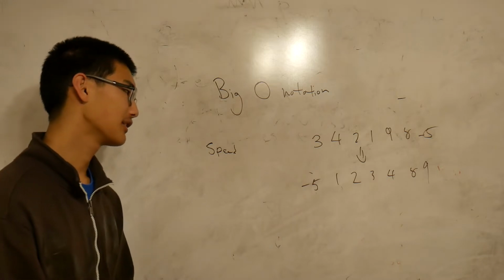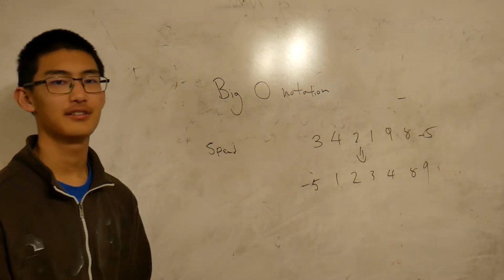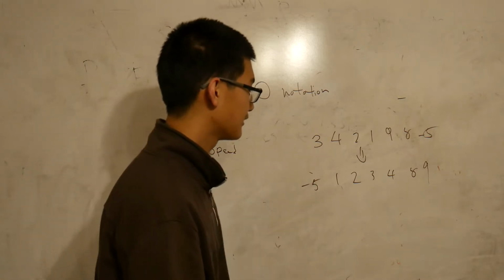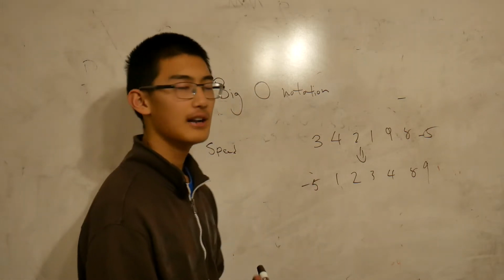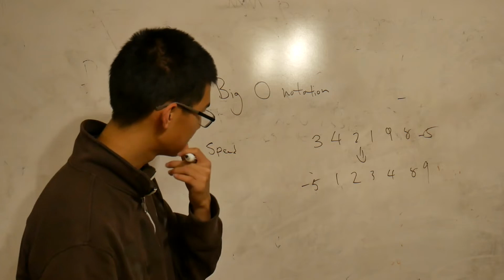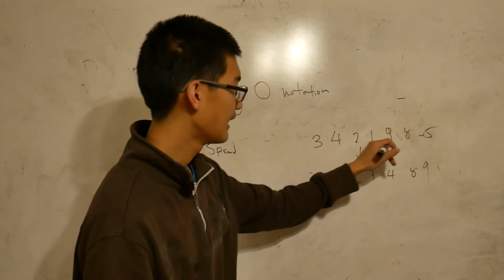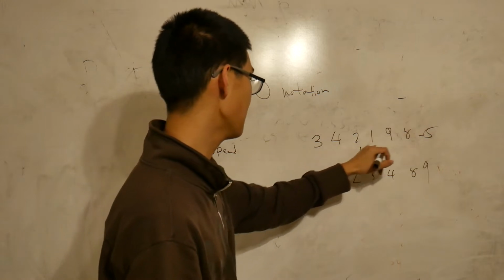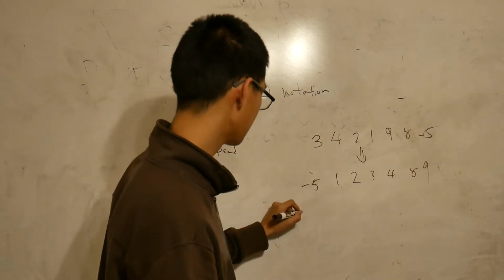So, for example, here's one that's not very fast. Okay, so this is what I would do. A not very fast way to sort this list is to look at every single one and determine the smallest in this. So I look, bam, bam, bam, bam, bam, okay. -5 is the smallest, right?